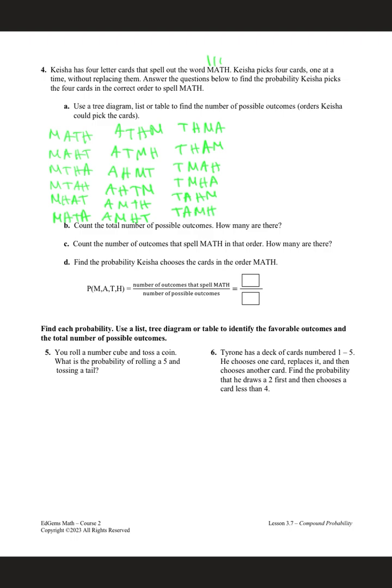Okay, we only have one letter left, and that is the letter H. So here we go.